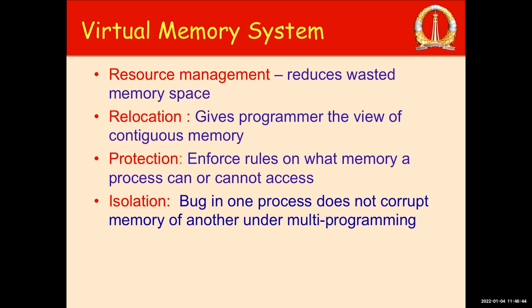Also, different programs can easily be located in memory and executed, while the programmer thinks that his address space is contiguous in memory. In physical memory, they need not be contiguous. They could be in disjoint sets of locations, right?